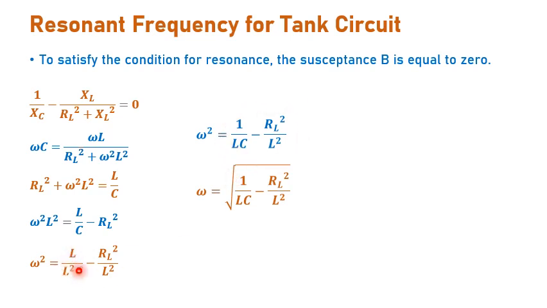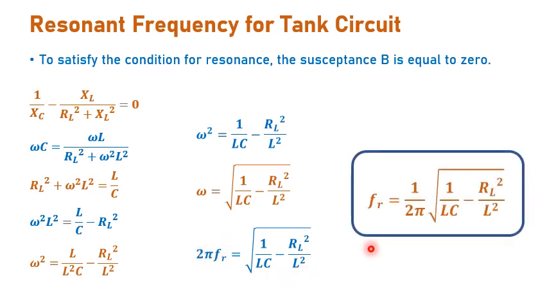Here L cancels, and omega can be written as 2 pi fr, where fr is the resonant frequency. So take 2 pi to the right hand side. So fr is equal to 1 by 2 pi into root of 1 by LC minus RL square by L square. This is the formula for calculating the resonant frequency of a tank circuit.